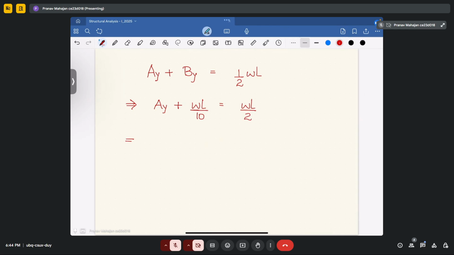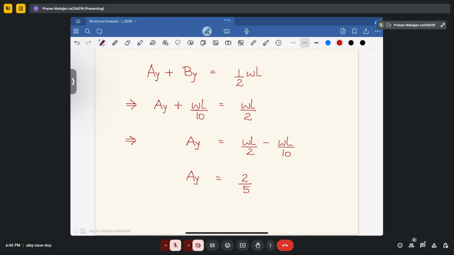Now from this, if you calculate, Ay will come out as WL upon 2 minus WL upon 10. That will be equal to 8 upon 20, that is 4 upon 10. That will be 2 upon 5 WL.